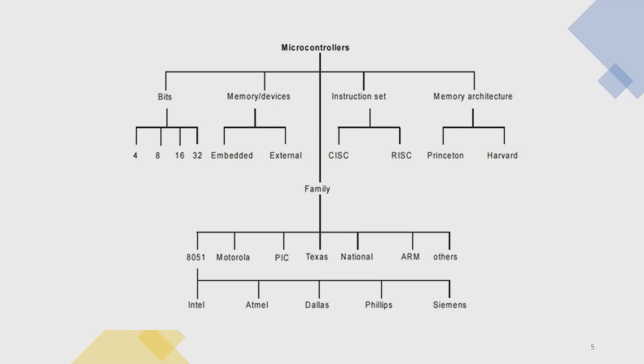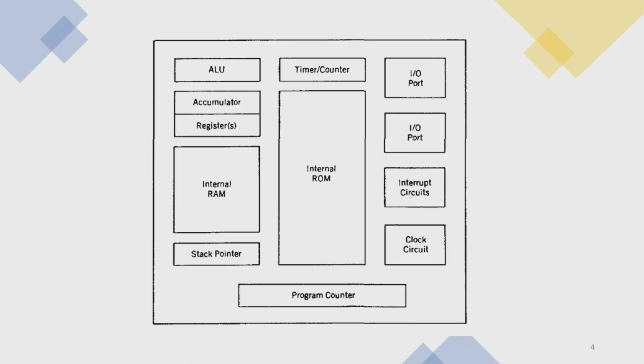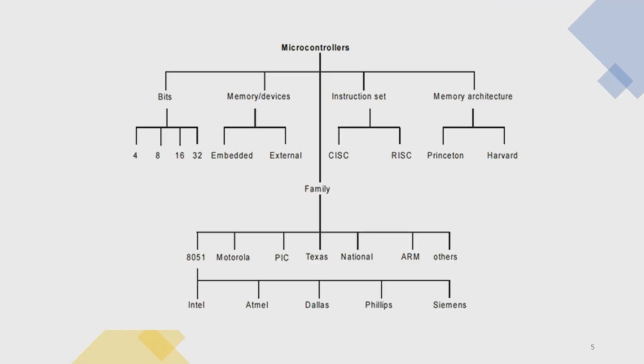In the case of an embedded system, all the special functions shown in this block diagram are inbuilt together within a single chip, but in the case of external memory, specifically the read-only memory and random access memory can also be connected as peripherals. And for the instruction set, the microcontrollers are complex instruction set computer and reduced instruction set computer.